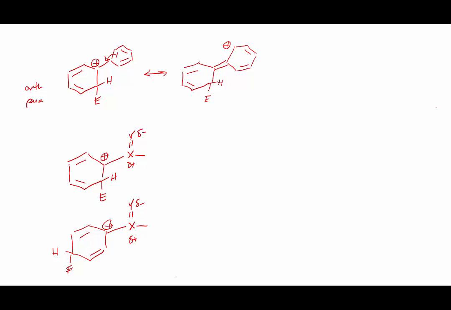I do 3 resonance structures for each one, for ortho, meta, and para direction. But these are the critical ones for ortho and para, right? Are those resonance structures stable? If I said they were unstable, what would make them unstable?